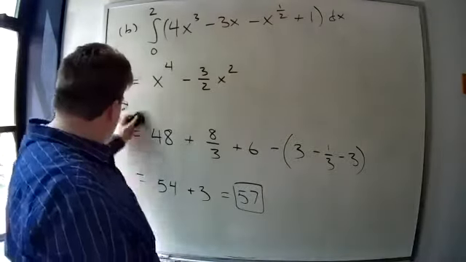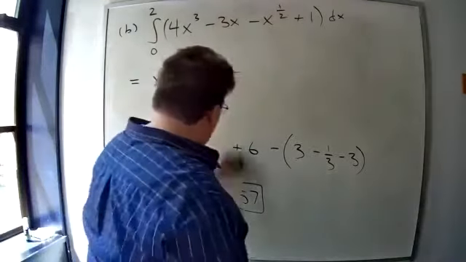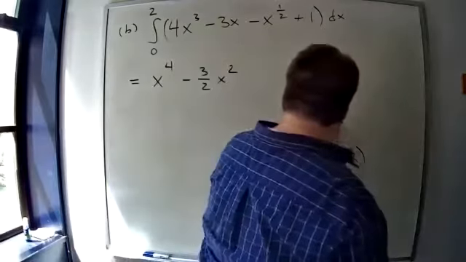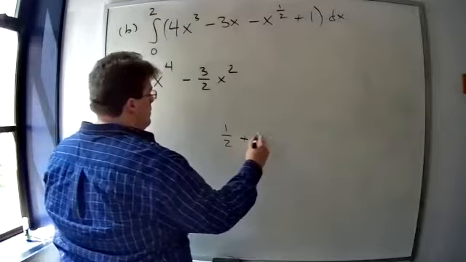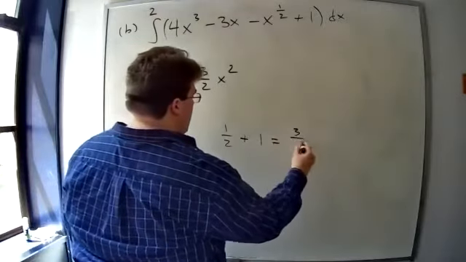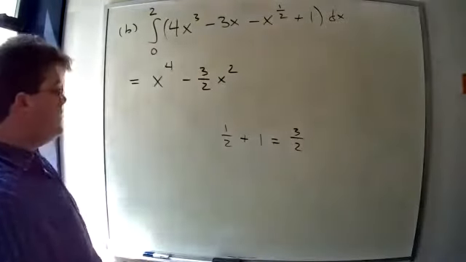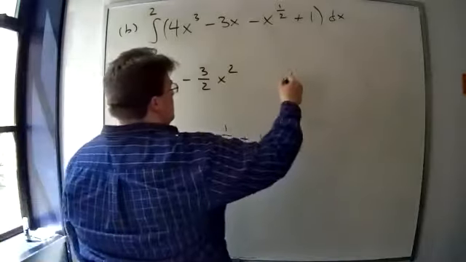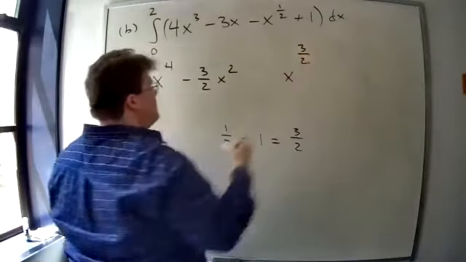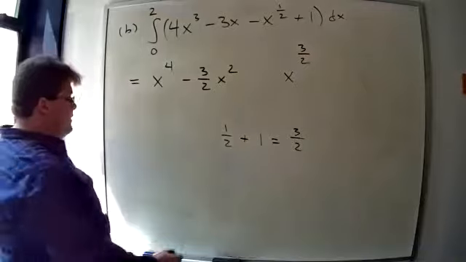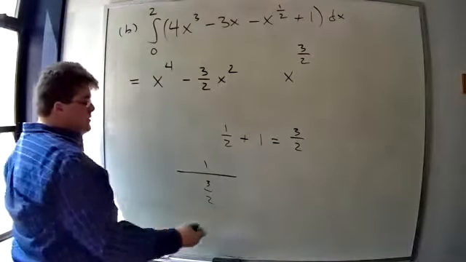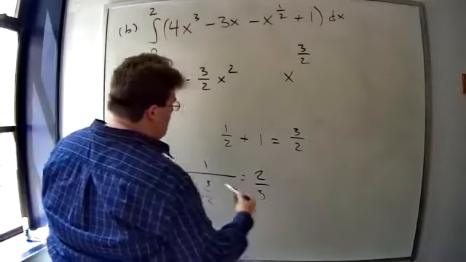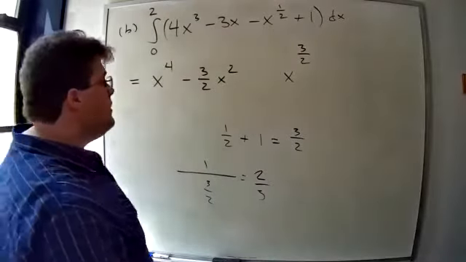For the next one, what do we have? Power rule with the exponent equal to 1/2. We need a half plus 1. 1/2 plus 1 is 3/2. So we get x to the 3/2, and the coefficient in front of it is 1 over 3/2, which is another way of writing 2/3.